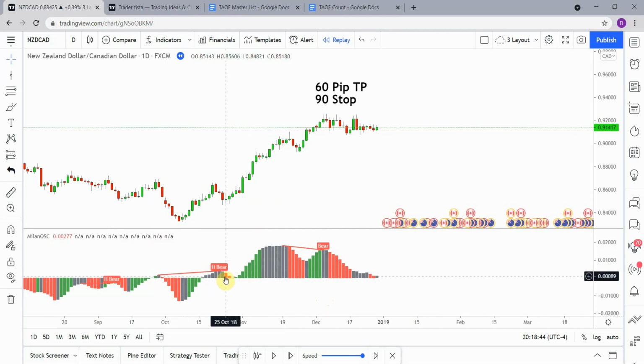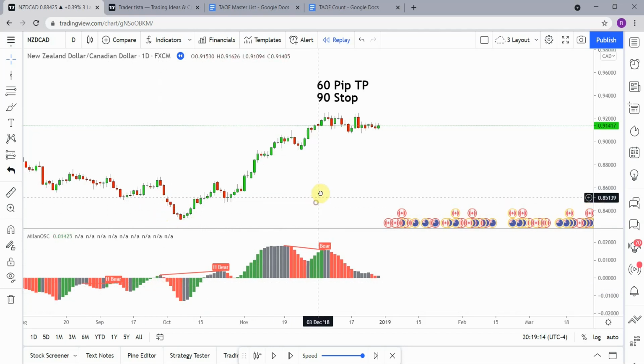What we are going to do is look for these green bars and these red bars. When the bars are above the 0 line, the middle line here, then we are looking for green bars to go long, long signals. When these bars are below the 0, then we are looking for the red bars to go short.